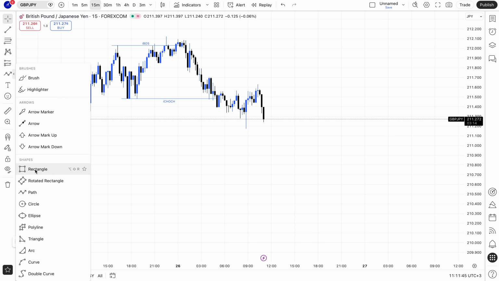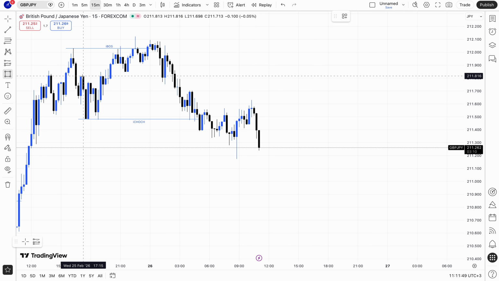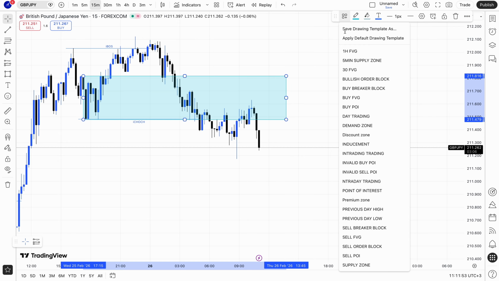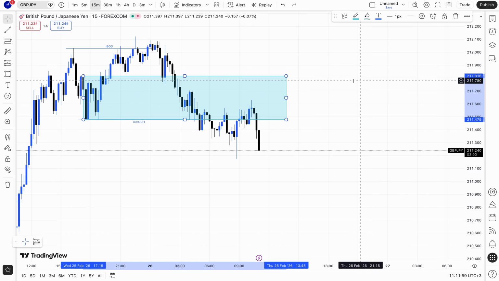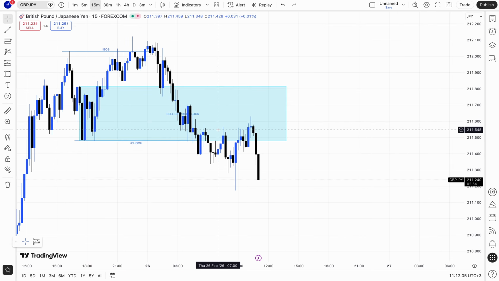Before that, we had our order block, which was this one. After this order block being disrespected, it turned into our breaker block.